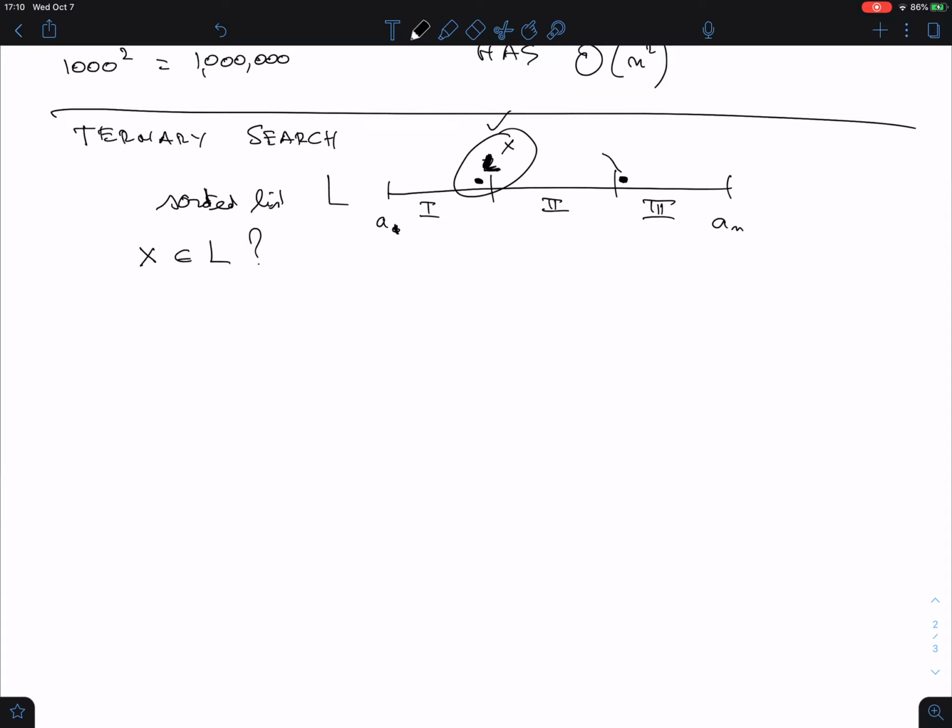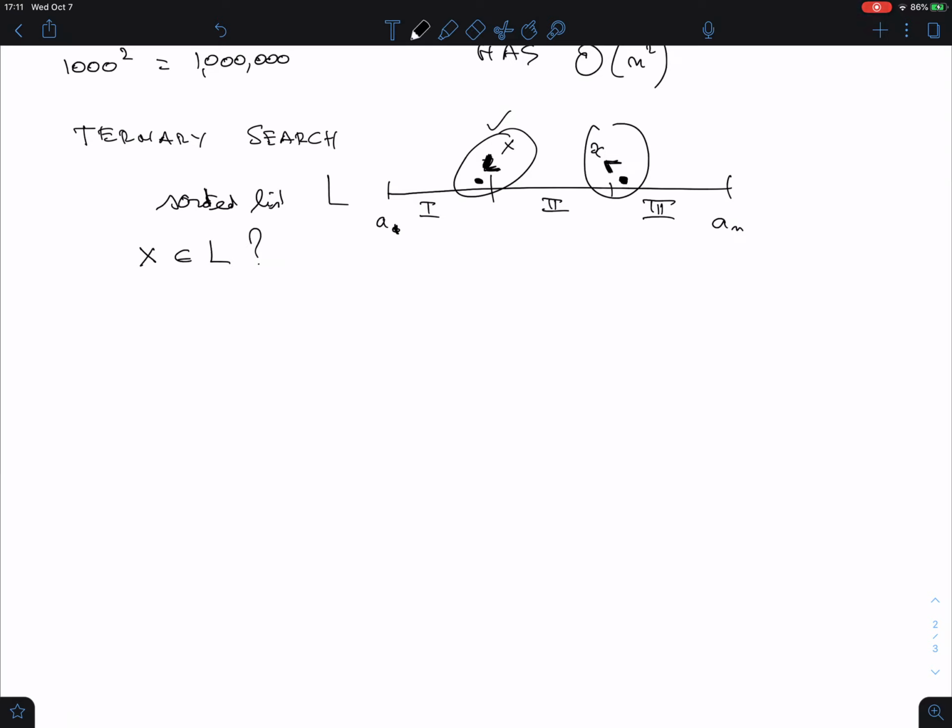Now we also compare it with this, and we say, is X less than this thing here? Whatever this is, we know it's a number somewhere in the list, or a word that we compare alphabetically. If this checks out, then it's either in the first or the second, and if it doesn't, then it's in the third. By these 2 tests, we know exactly in which part we are, and then we repeat our search with that part only.